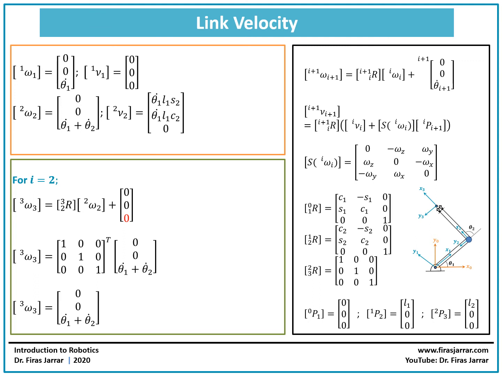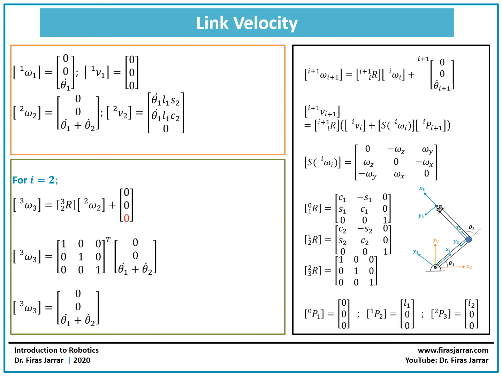As before, we need to substitute in the angular velocity formula. We have omega 3 and R2 with respect to 3, that's correct. And we have omega 2, and here we have 0, 0, theta 3.